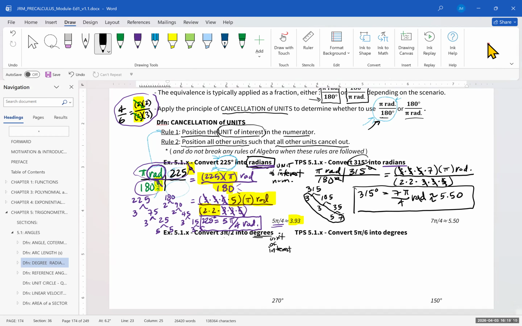So what we're going to use now is this version of our equivalence because we want degrees to be on top. So we have 180 degrees. That's equal to pi radians. And what we've got is 3 pi radians over 2.